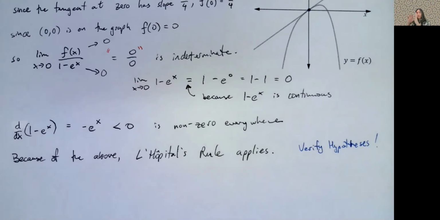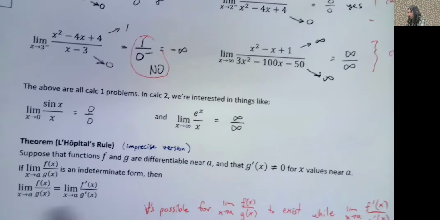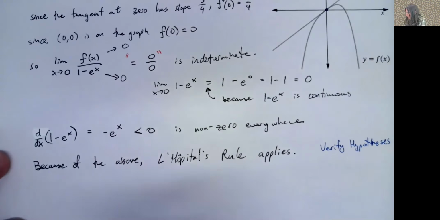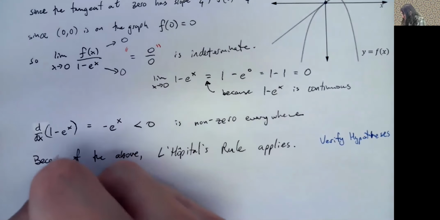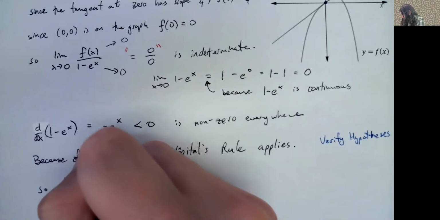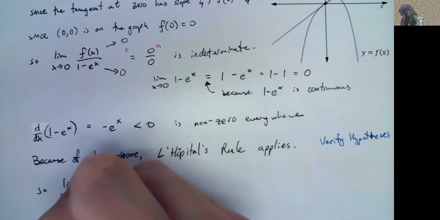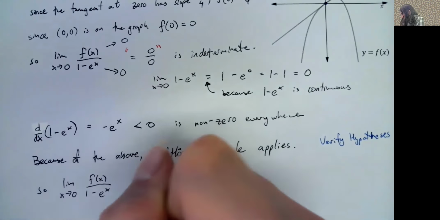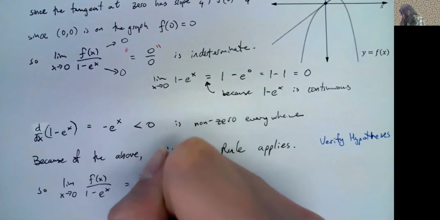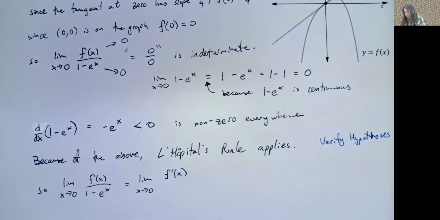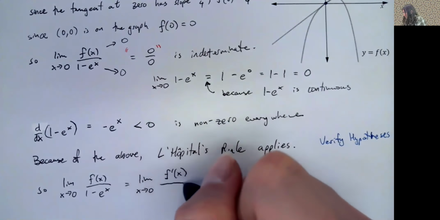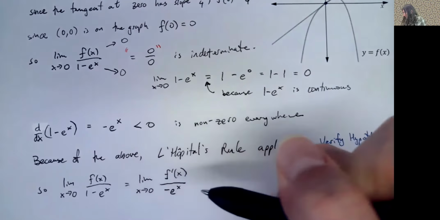Right, now that means we can use L'Hopital's rule. So that means I can do this. So let's go ahead and do it. So this limit here, the one we're trying to work out in the problem statement, will be equal to the limit as x approaches 0 of f prime of x over minus e to the x, right?